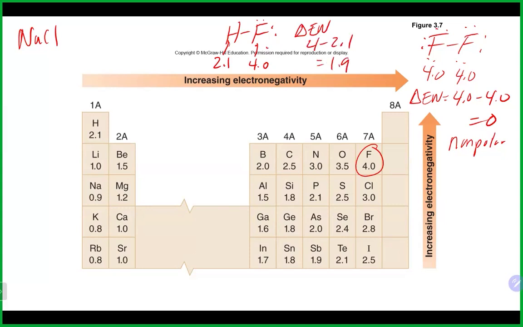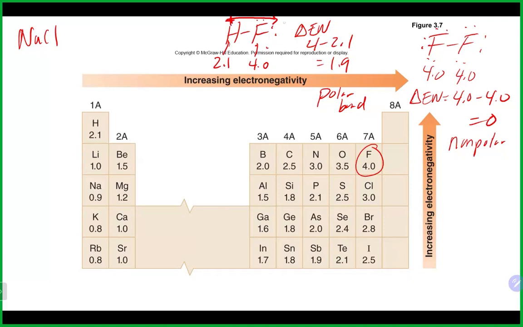1.9 puts us between 0.5 and less than 2, and that would tell us that this is a polar bond. Remember, we can draw those bond dipole arrows that point towards the more electronegative atom, and in this case, it would point towards the fluorine. The back part of that arrow, which makes a plus sign, goes on the side that's more positive.